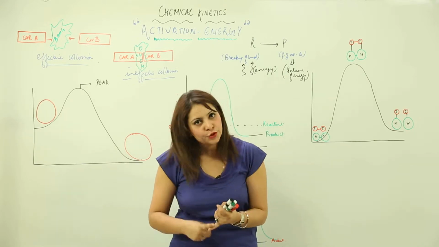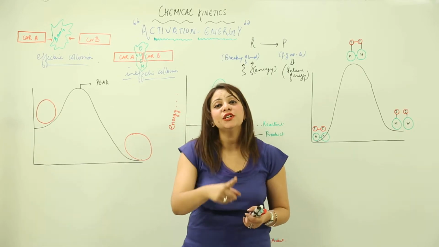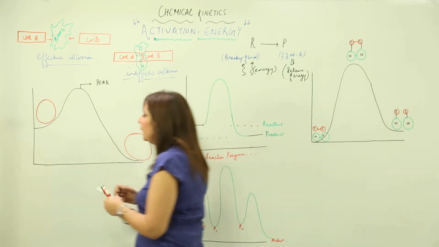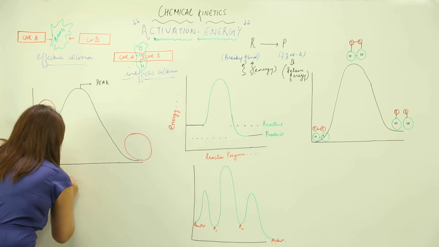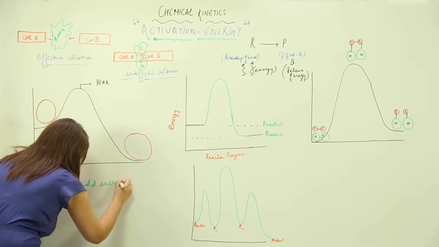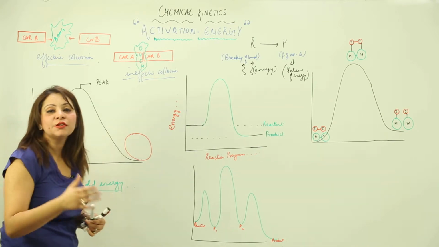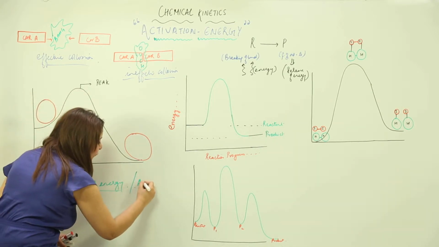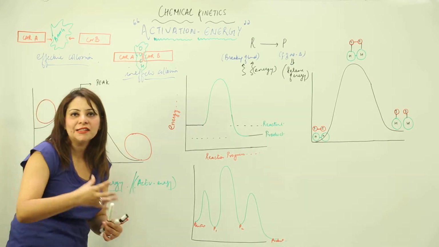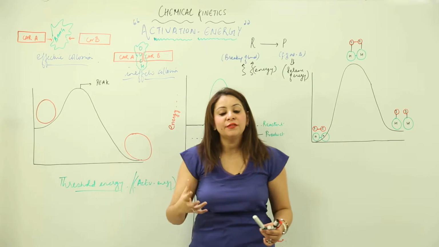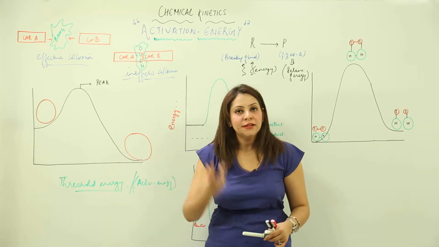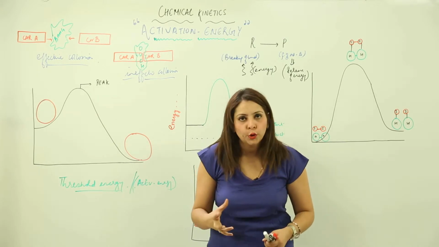The minimum energy should be possessed by the reactants, and that energy is called threshold energy. Right. So I am going to write the word here. So what is that energy? It is threshold energy. So I think it's clear where this threshold energy is used. Another name for threshold energy is the activation energy, because it is activating the reactants. It makes the reactants active, then only they move and they just get banged with each other and result in the breakage of bonds and formation of new bonds, right?